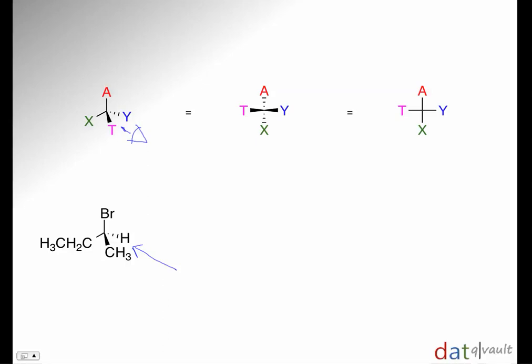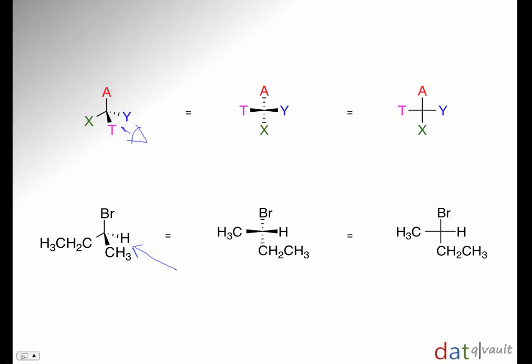The bromine and this ethyl group right here are going to be facing back and away from us. So if we draw this, we see something like this: methyl group on the left-hand side, hydrogen on the right-hand side, and then we simply take away the wedges and dashes, and we're left with just the Fischer projection of this three-dimensional molecule over here.